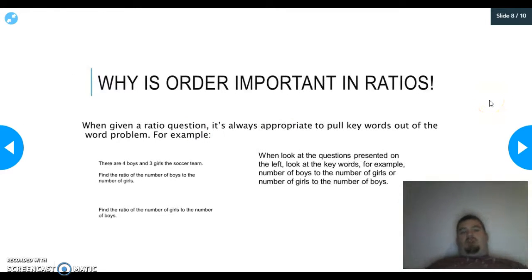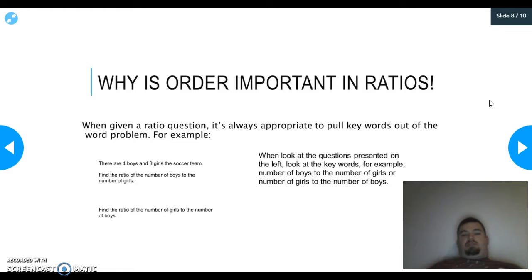Another thing is, why is the order important in a ratio? When given a ratio question, it's always appropriate to pull keywords out of the word problem. For example, there are 4 boys and 3 girls on the soccer team. Find the ratio of the number of boys to the number of girls, and then find the ratio of the number of girls to the number of boys.